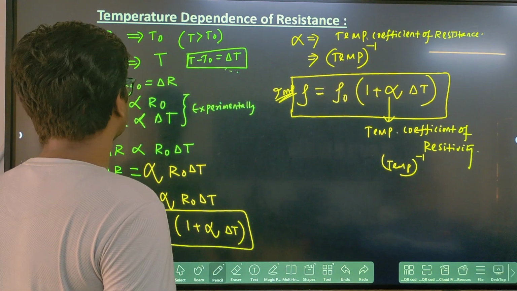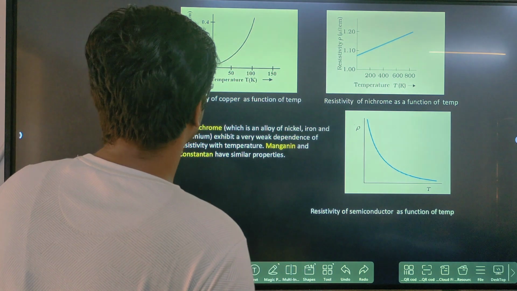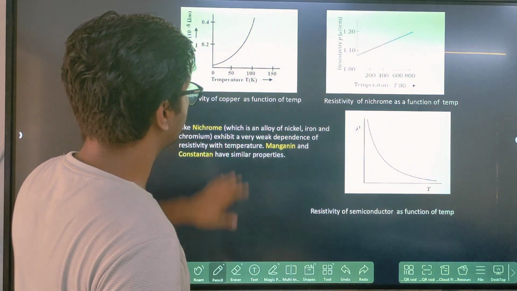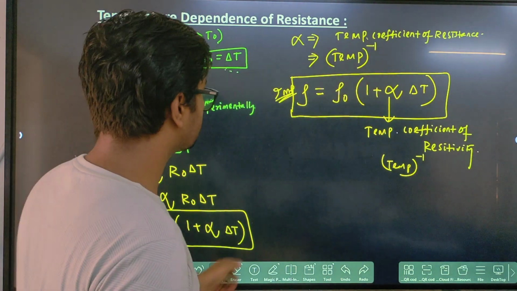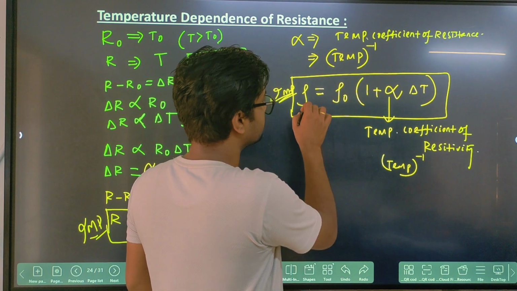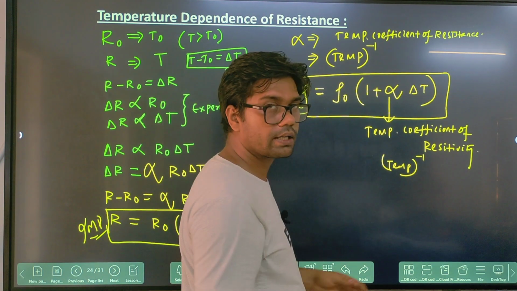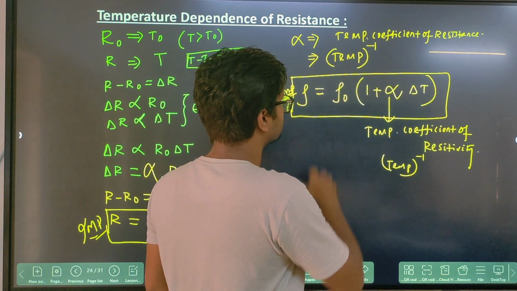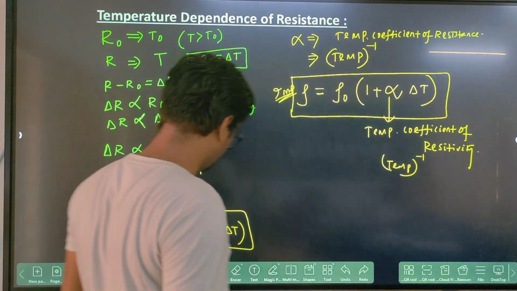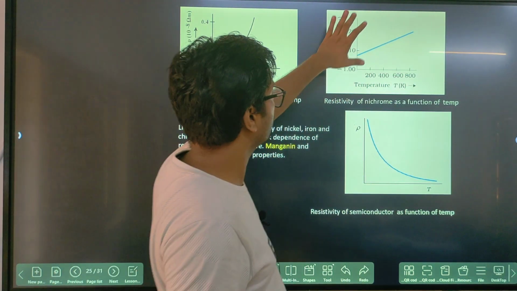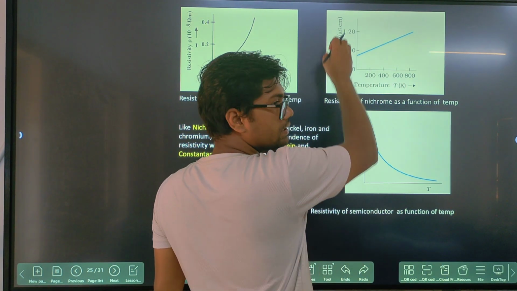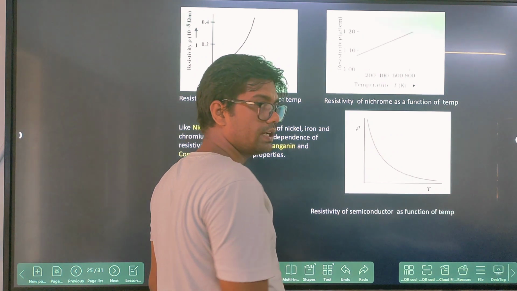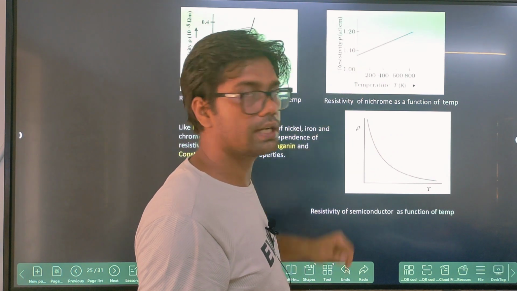Now let's see what is basically happening here. First look at this picture, right? Because this equation suggests that resistivity is directly proportional to delta T, or temperature. I just took it from the NCERT; you can see this in the NCERT also.